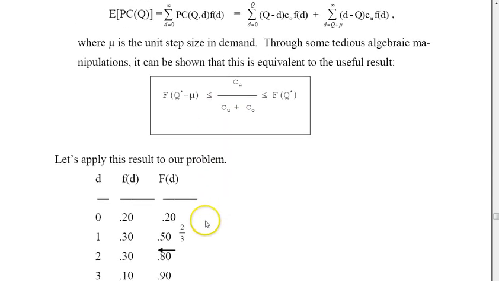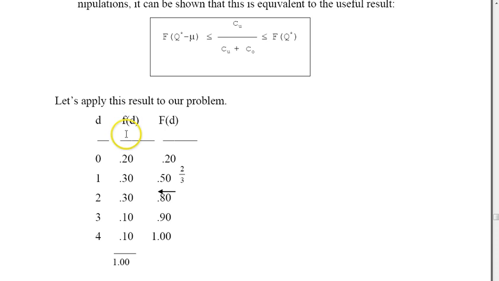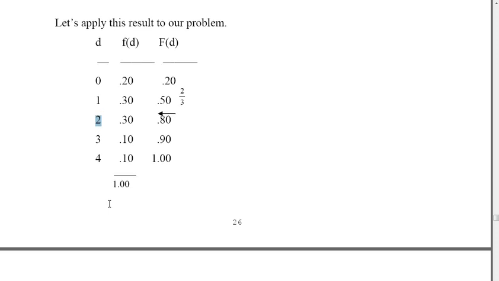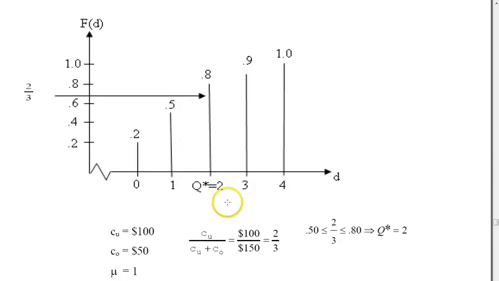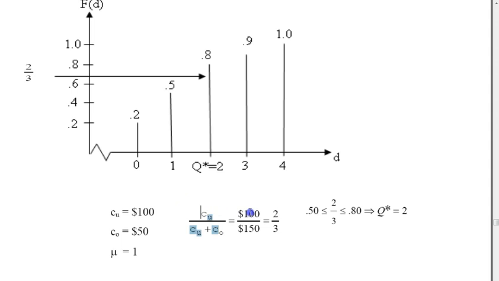And so if I take my distribution here, F of D and capital F of D, 2/3 is going to be above 0.5 and less than 0.8, and that tells me my optimal hire is to have 2 people hired. I can do it either with f of D or with F of D. Graphically, you can see these are the calculations.